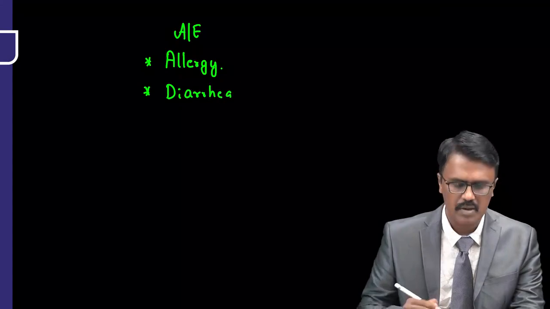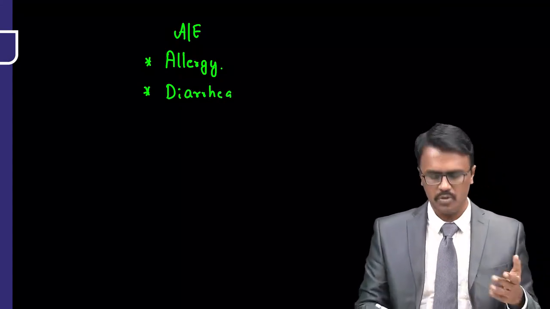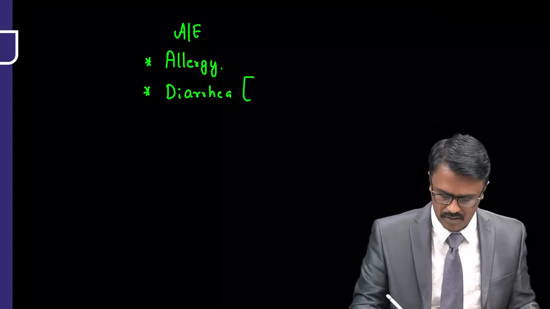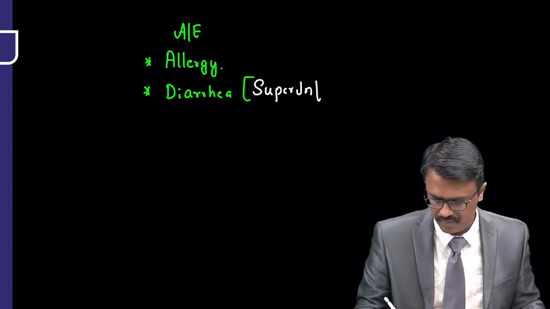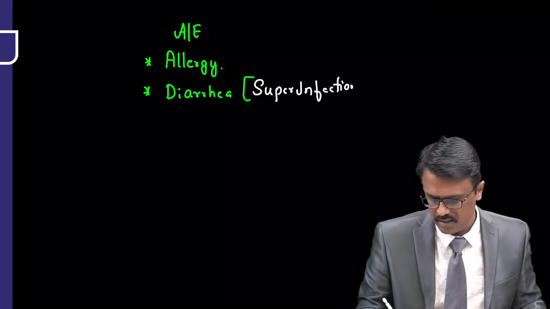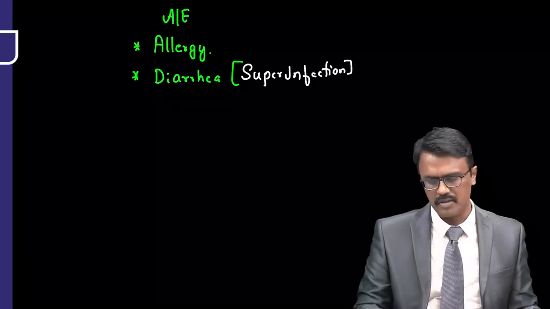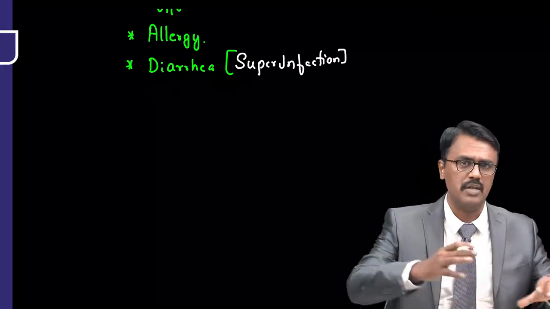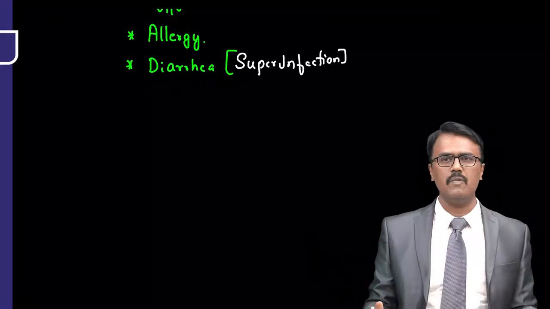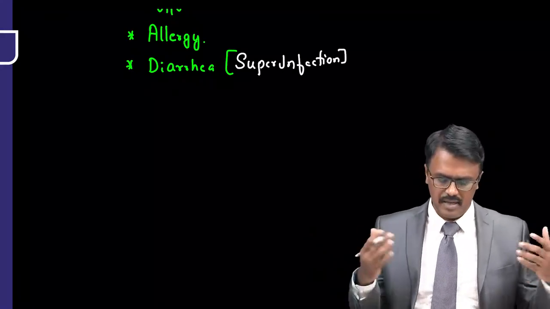So diarrhea is common. Why? It is called super infection. What is super infection? The reason is when we give tetracycline, which is broad spectrum, it will kill the normal flora, and the bacteria which are pathogenic will multiply more. And that's the reason why they can cause super infection, and that will lead to diarrhea.